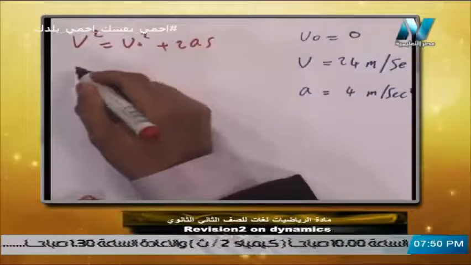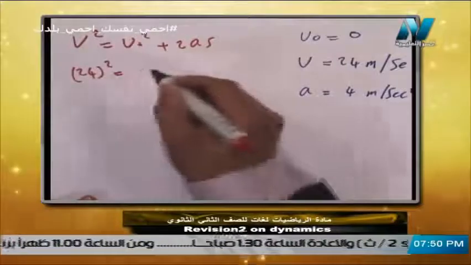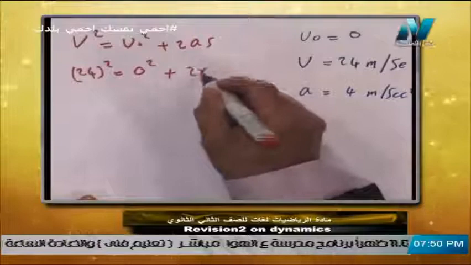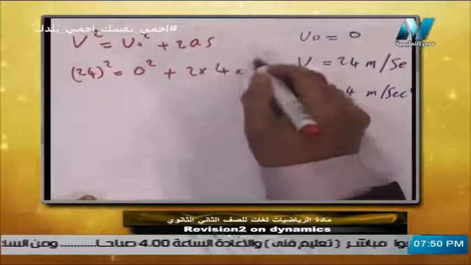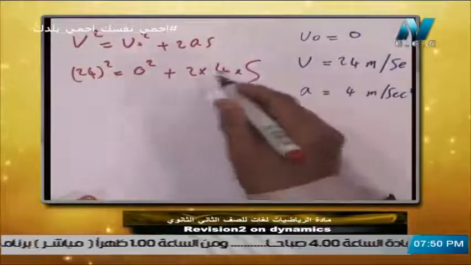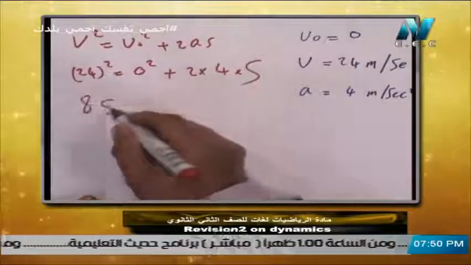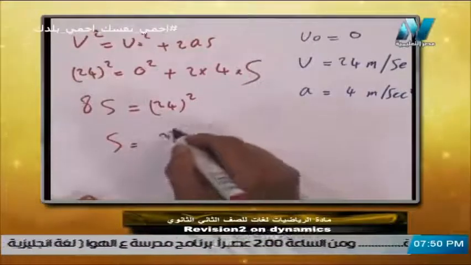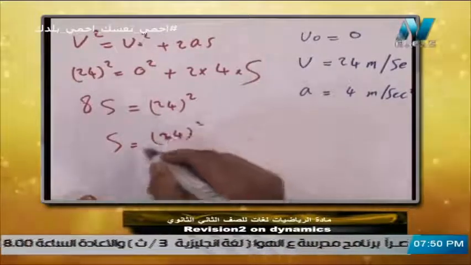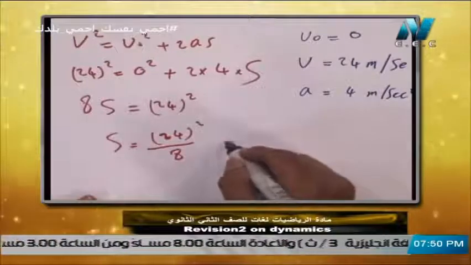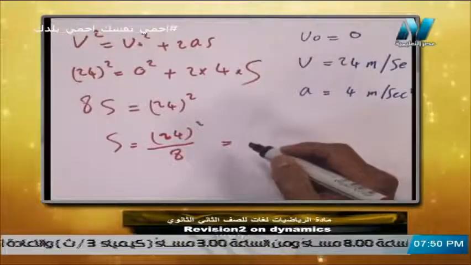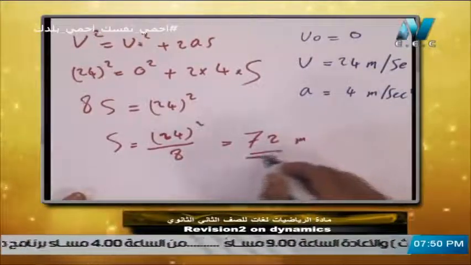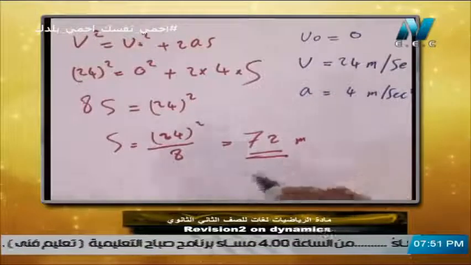V power 2 means 24 power 2 equals 0 power 2, which is 0, plus 2 times a, which is 4, times S, and we want it. Here 2 times 4, 8S equals 24 all power 2. So S equals 24 power 2 over 8. So S, which is distance, equals 72 meters. And this is the final answer for this question.